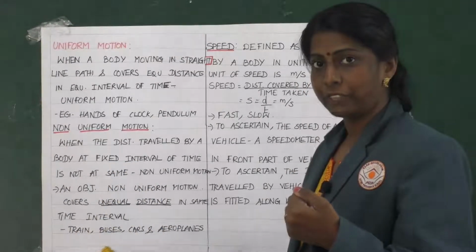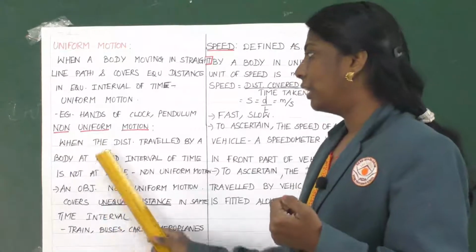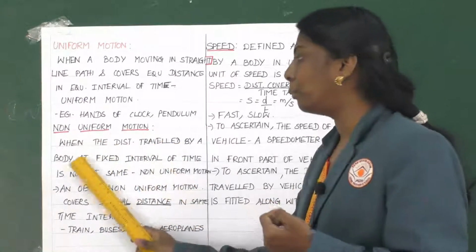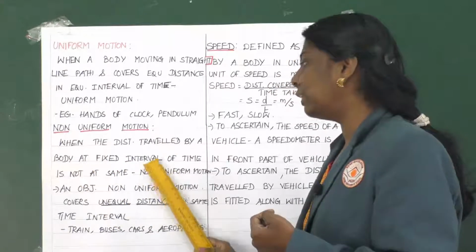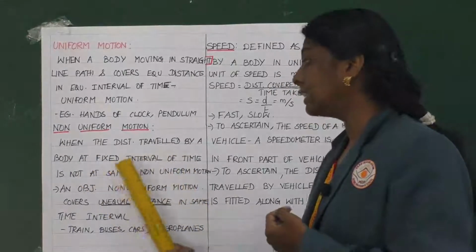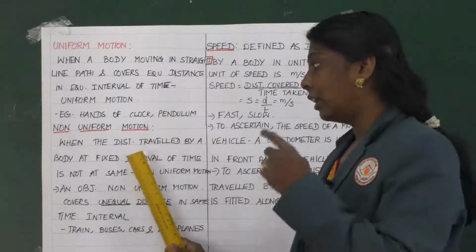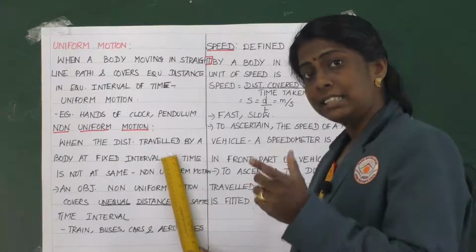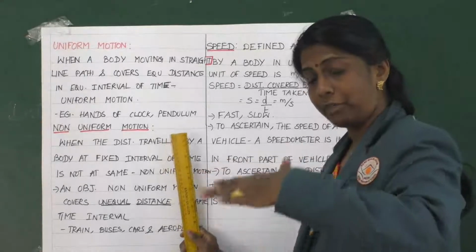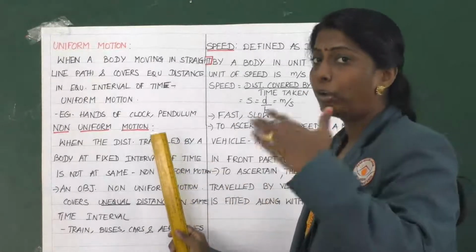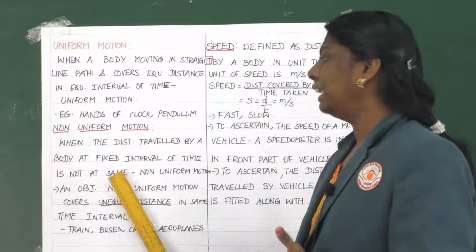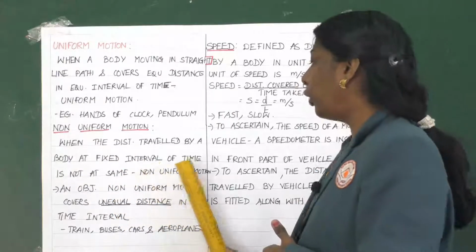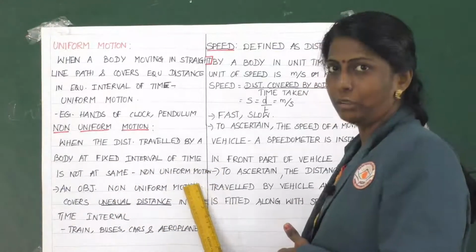A train can go more also. Is it not? That's what it is. When the distance traveled by a body in a fixed interval of time is not the same. The fixed interval of time will be the same, whereas the distance they are traveling, what they are covering, will be more or less. Then that is said to be non-uniform motion.